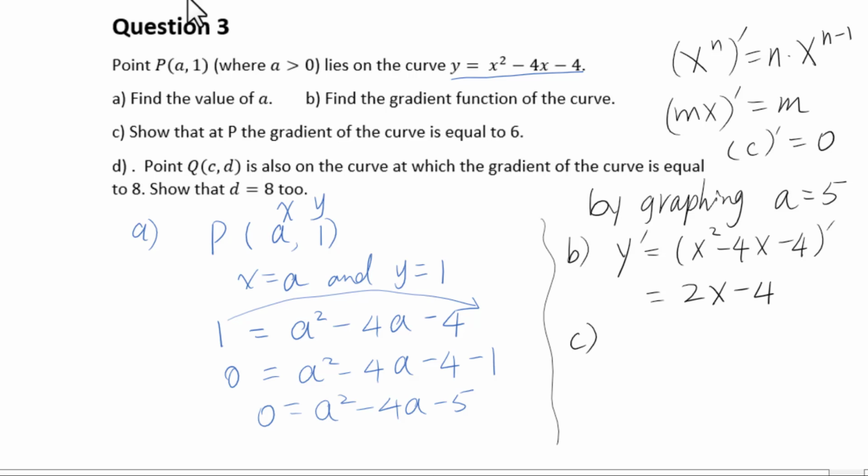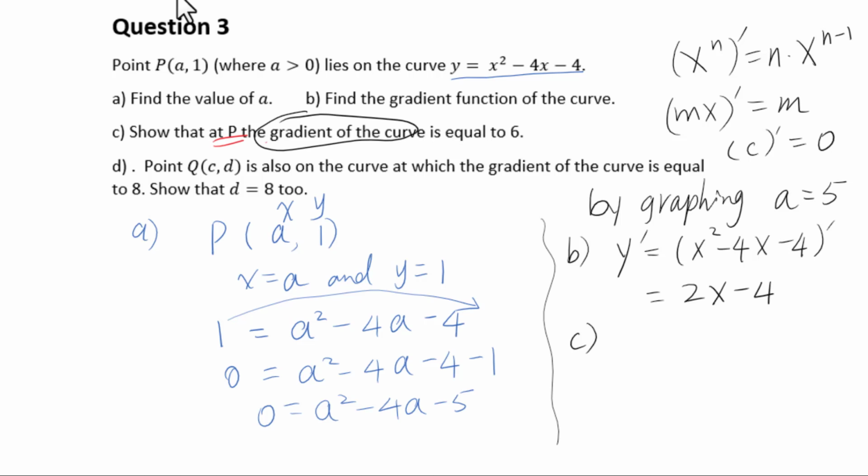Let's go to C. Show that at P, the gradient of the curve is equal to 6. Gradient of the curve means f prime of x. The gradient of the curve means derivative.